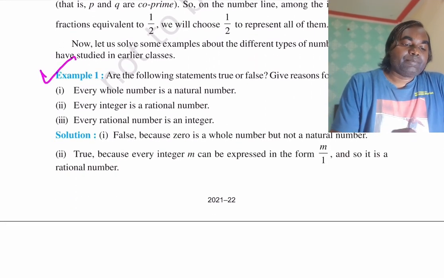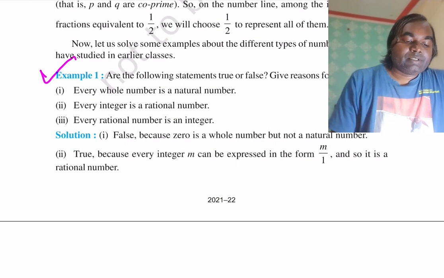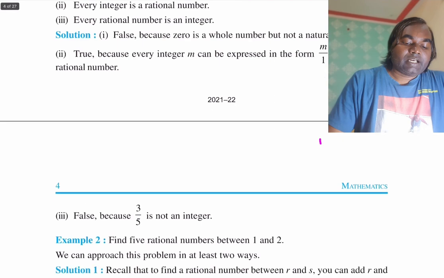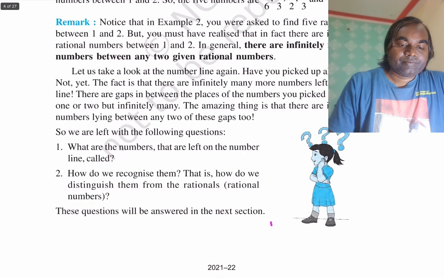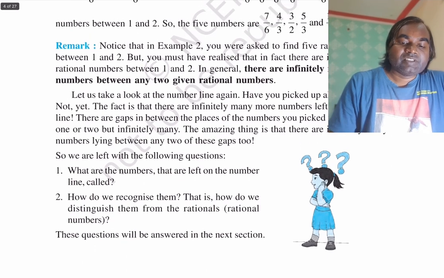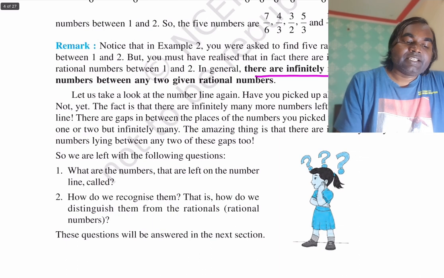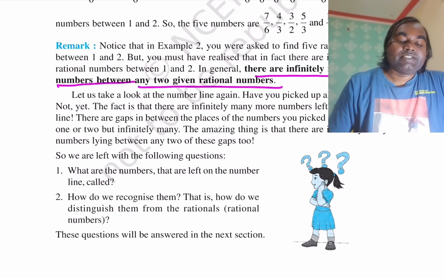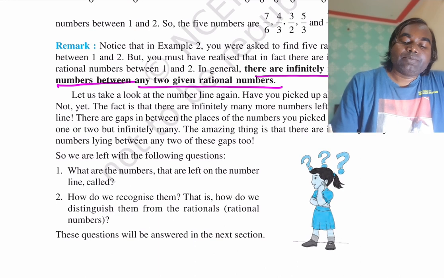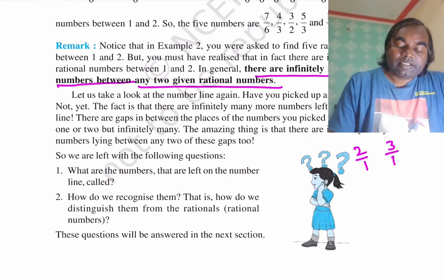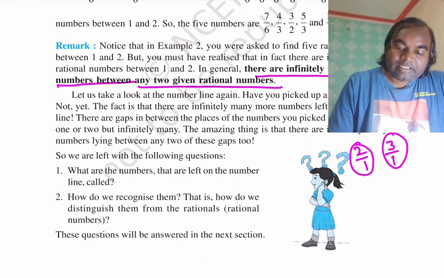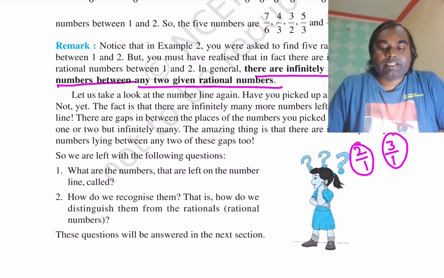So here there is an example, and you can solve this example because the solution is given. So I will move further. There are infinitely many rational numbers between any two given rational numbers, correct? Suppose you take two numbers 2 and 3, that is 2 by 1 and 3 by 1, because any natural number can be a rational number.